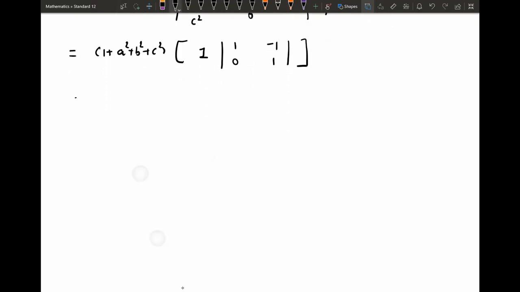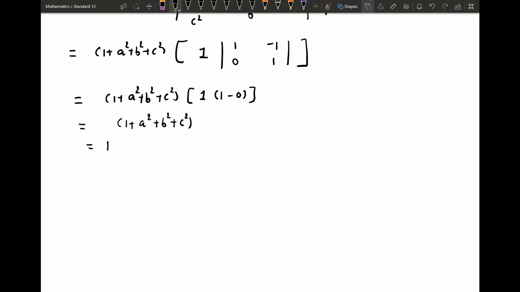So the final answer is 1 plus A square plus B square plus C square, 1 into 1 minus 0. So this is nothing but 1 plus A square plus B square plus C square, that is our RHS. So we have proved it using the properties of the determinant.